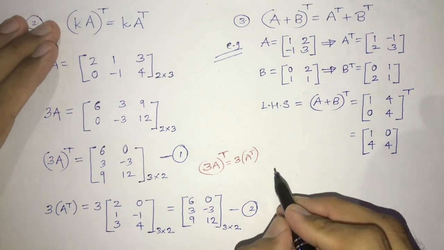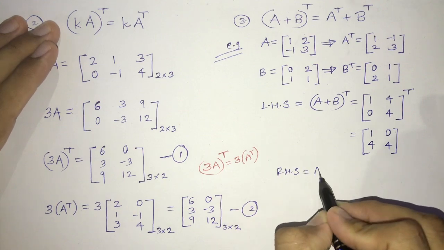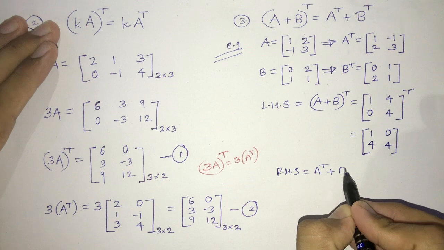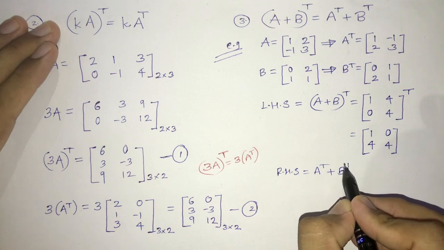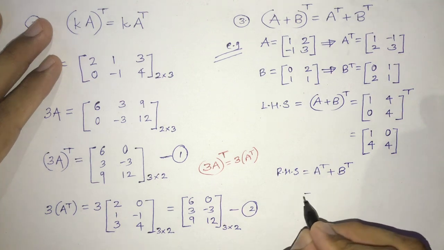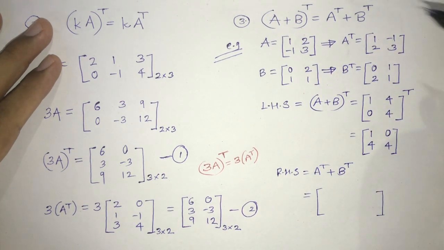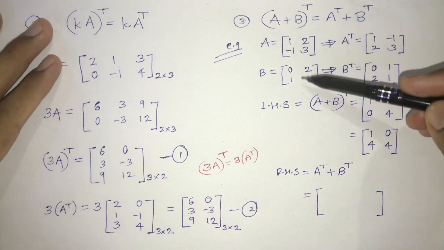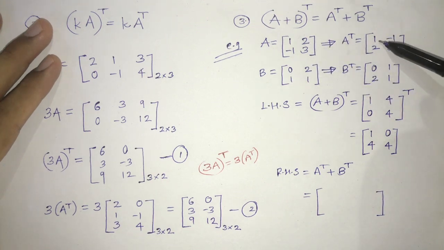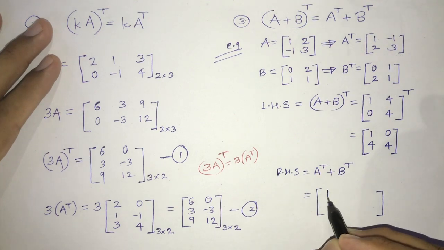Now we're going to find out what will happen when we add the transposes of the two matrices individually. So A plus B, we took the transpose. Now A transpose plus B transpose, we will add. First element will be added with first element, we are going to get this 1.